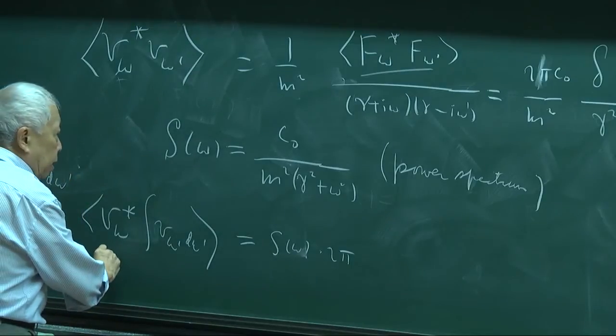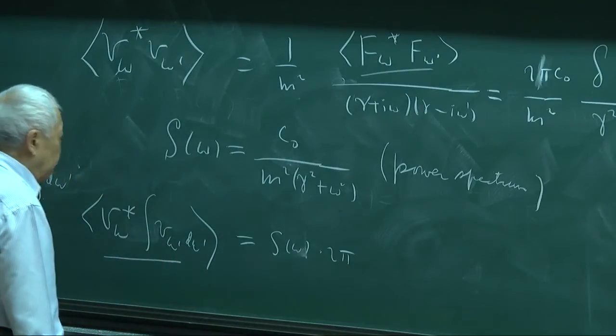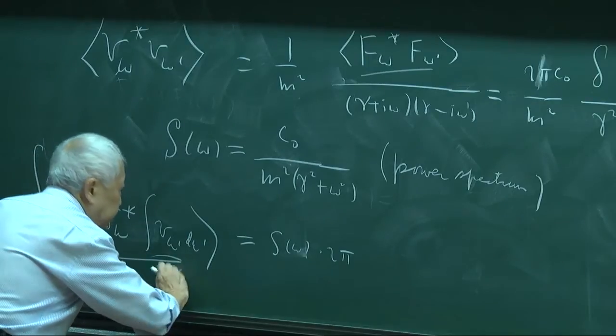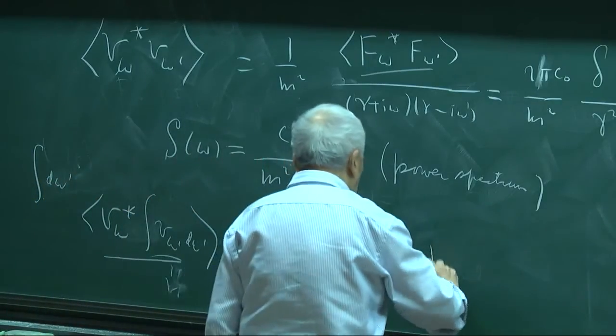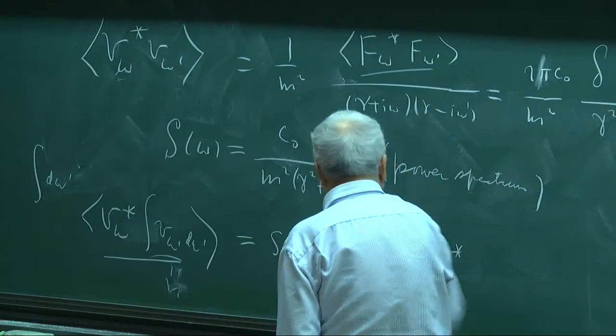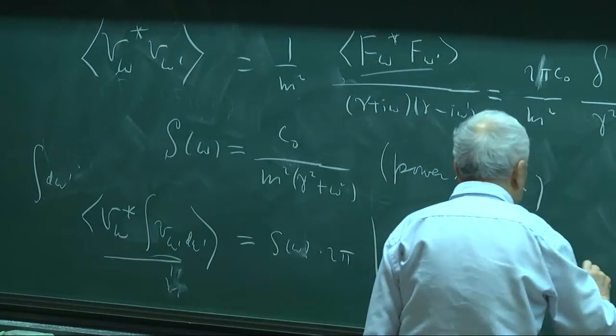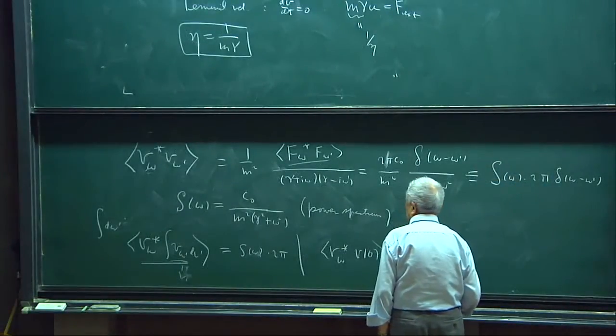And this is equal to v at t equal to 0. So that integral becomes v at time t0, equal to 2 pi S of omega.